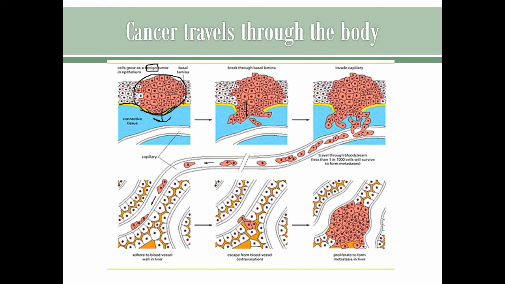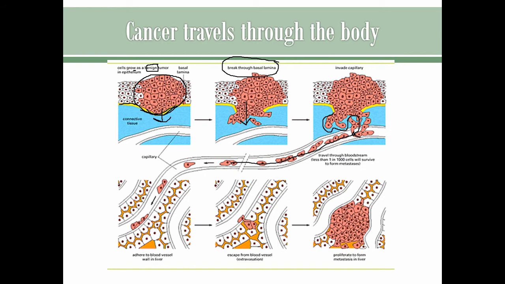As that tumor grows, it can break through and start invading the surrounding tissue. At that point, it would be considered a malignant tumor. It has invaded tissue. If that tumor continues to grow, some of it may break off and start traveling through the bloodstream or through the lymphatic system, and then travel to another part of the body.